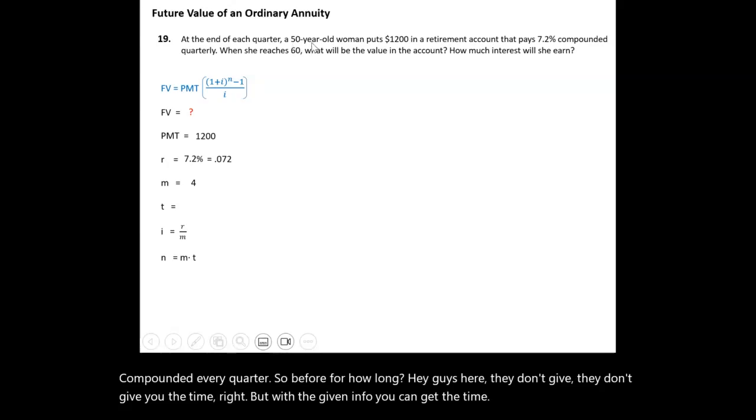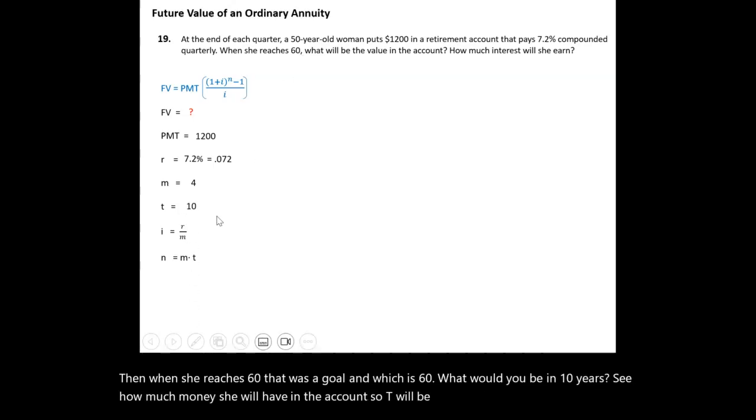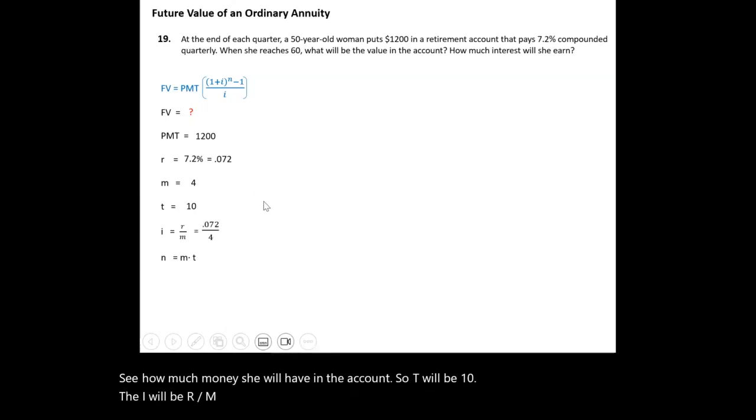When the lady was 50, she started this account. Then when she reaches 60, that was her goal, which will be in 10 years. So t will be 10. The i will be r divided by m, 0.072 divided by 4, which gives us 0.018. And the n is 4 times t, which gives us 40.